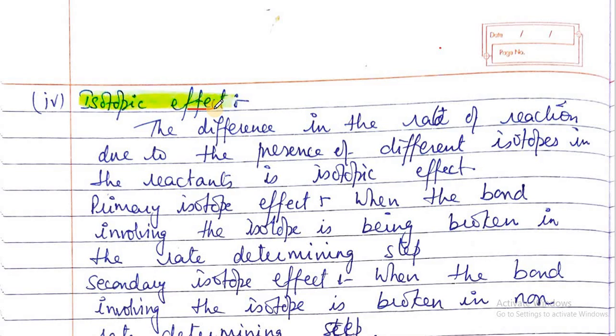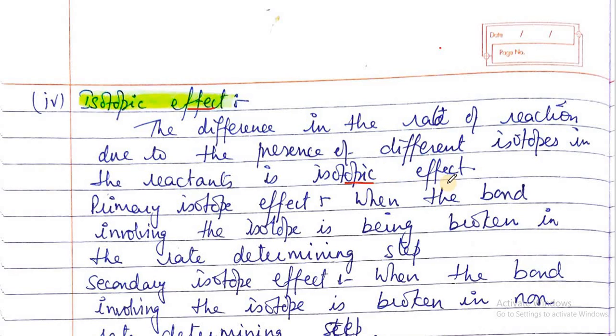Thus the difference in the rate of reaction due to the presence of different isotopes in the reactants is called isotopic effect.